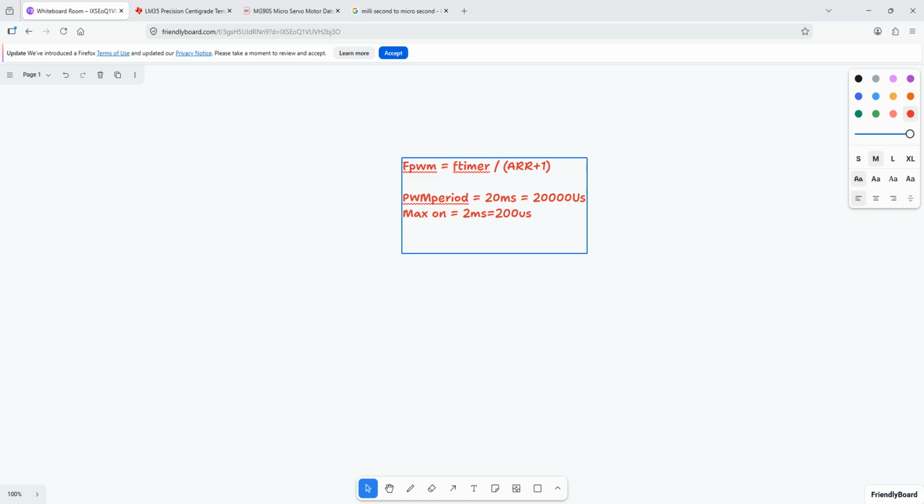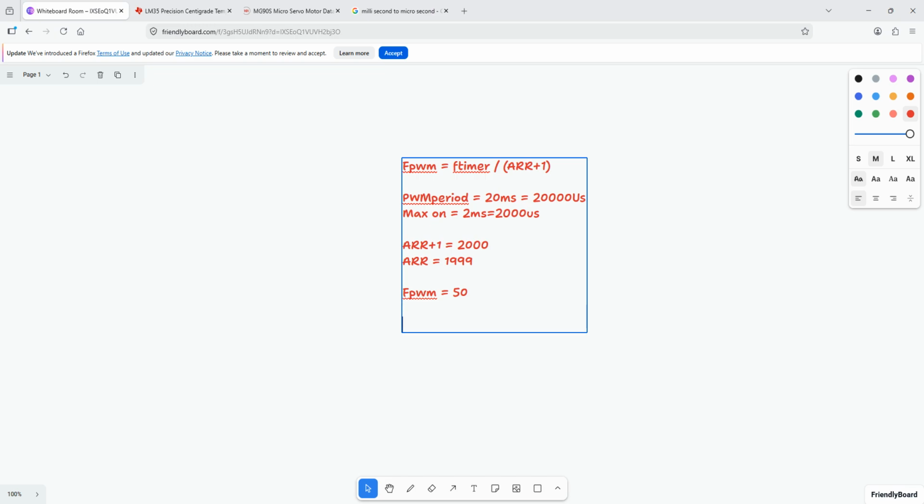So your ARR value is 2000, meaning ARR plus 1 should be equivalent to 2000. We have to enter the actual value during the configuration for ARR, so ARR will be equal to 1999. Now we already have the value of F_PWM, which is 50 hertz.